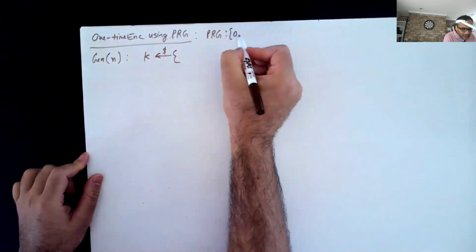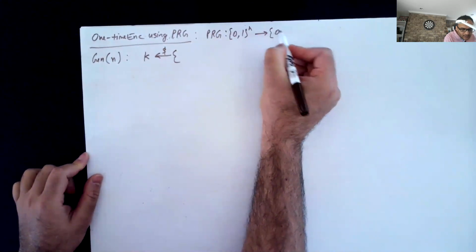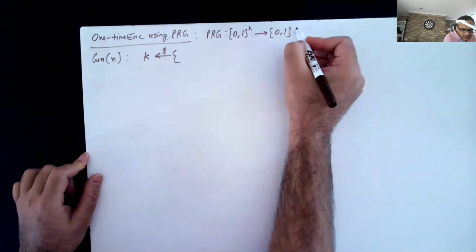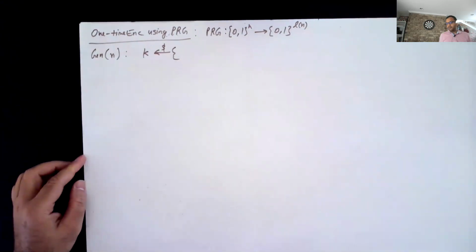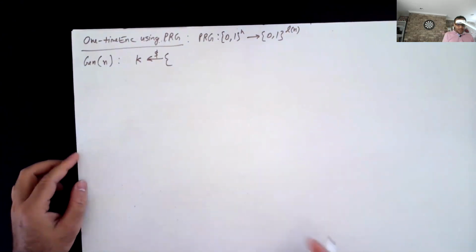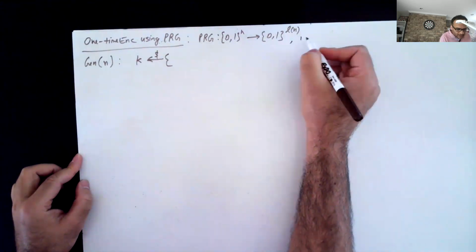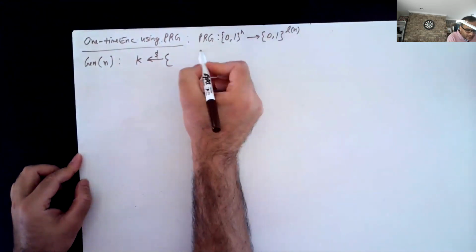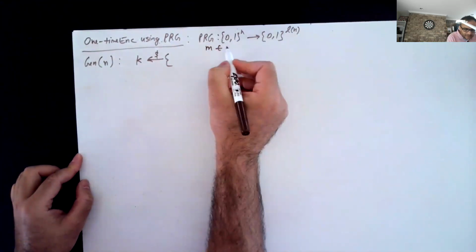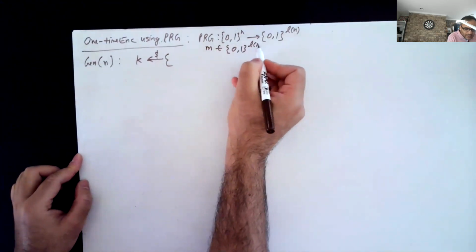It takes an n-bit seed and stretches it into an L of n-bit output. And we will assume that your message space M is coming from {0,1}^L(n).